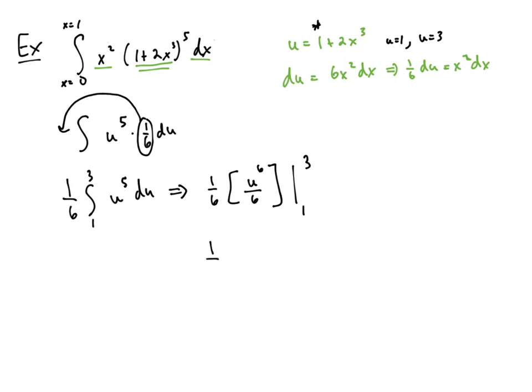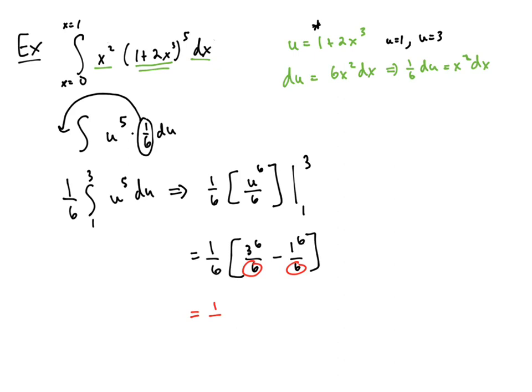Okay, so we'll have 1/6 u to the 6th, that'll be 3 to the 6th power divided by 6, minus 1 to the 6th power divided by 6. 3 to the 6th power, I guess before I do that, I'm going to factor out these 6's.